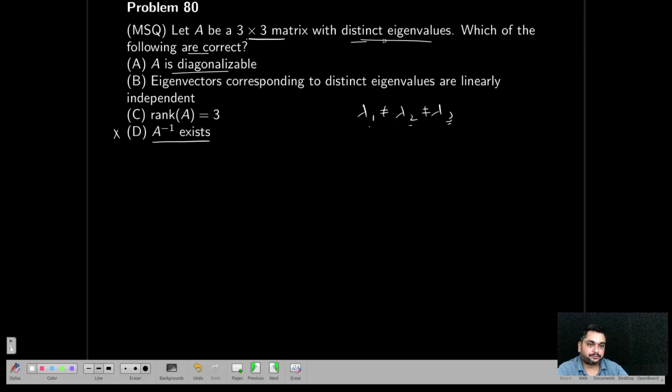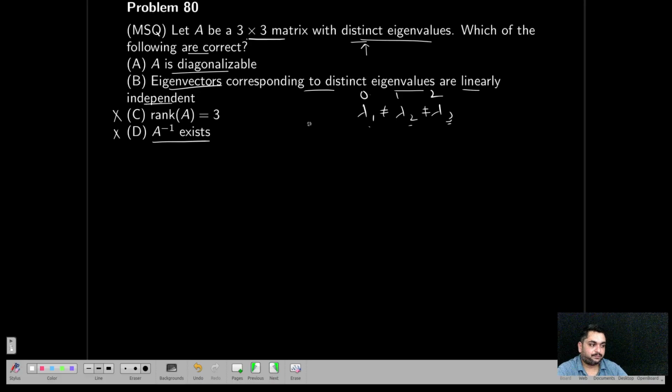The reason here is distinct they are saying, but they are not saying nonzero. Distinct can be 0, 1, 2 also. They are distinct, but one is 0. This is not true. Similarly, rank cannot be 3. If lambda equal to 0, rank will be less than 3. Now, eigenvectors corresponding to distinct eigenvalues are linearly independent.